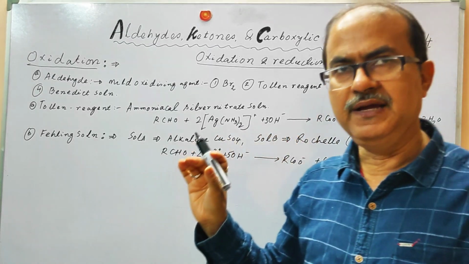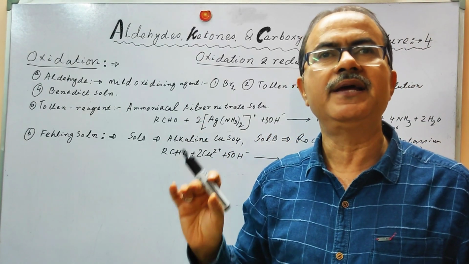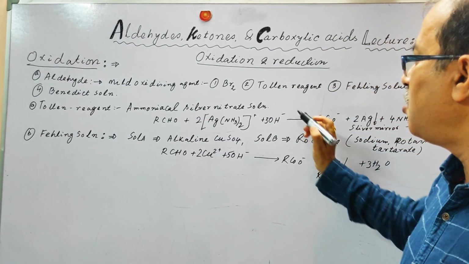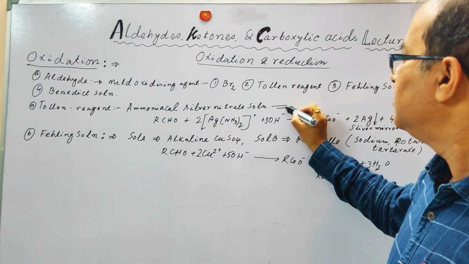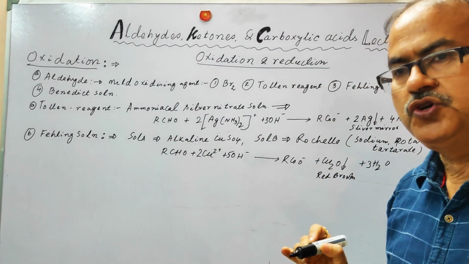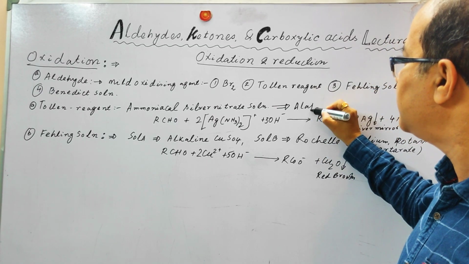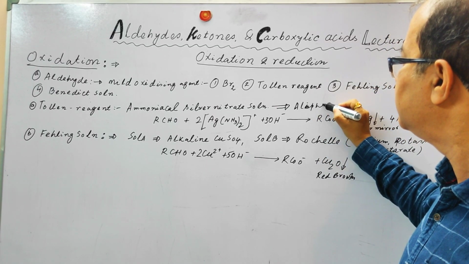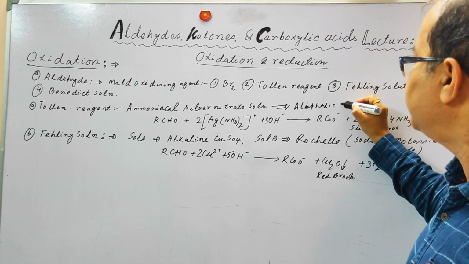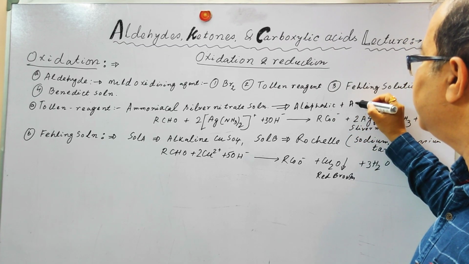Now there are two types of aldehydes, you know, that is aromatic aldehyde and aliphatic aldehydes. Tollens' reagent will be reduced by both the aliphatic aldehyde and aromatic aldehyde.